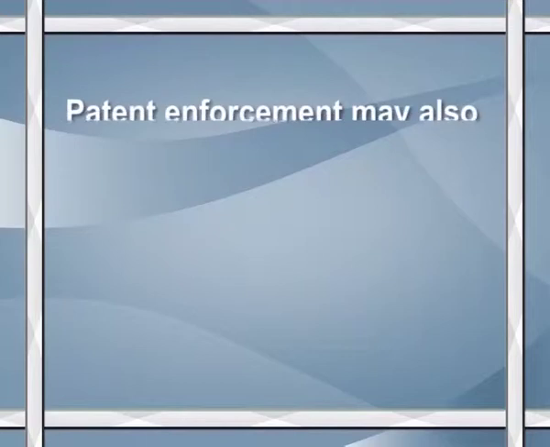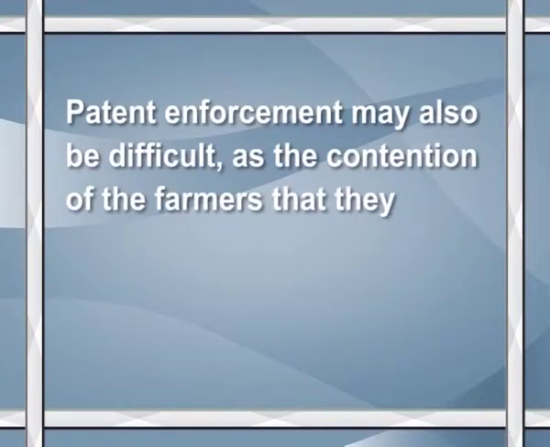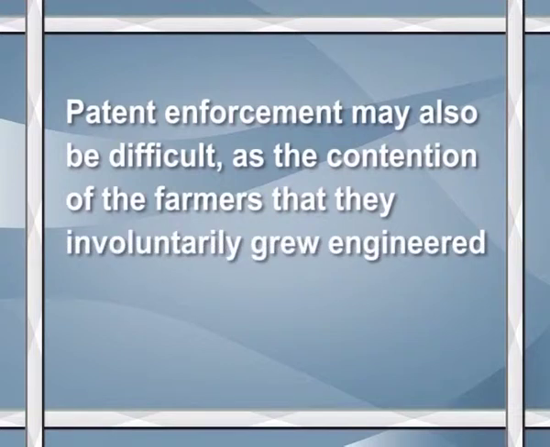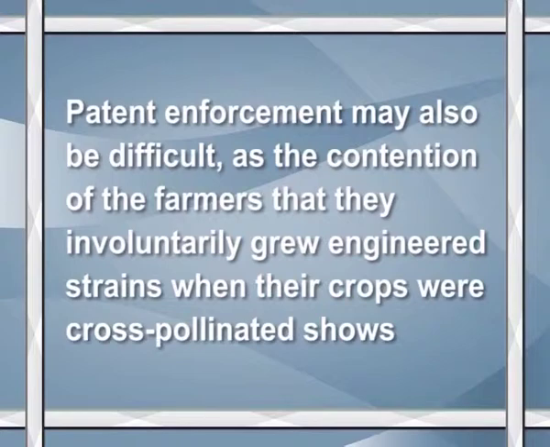Patent enforcement may also be difficult, as the contention of the farmers that they involuntarily grew engineered strains when their crops were cross-pollinated shows. One way to combat possible patent infringement is to introduce a suicide gene into crop plants.